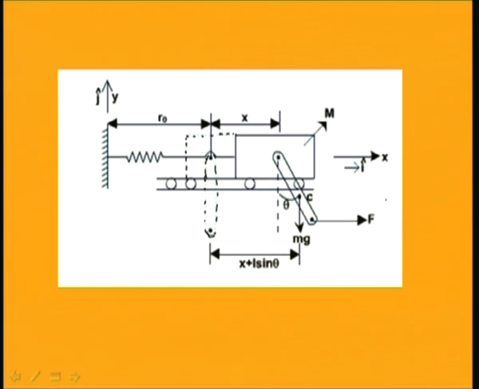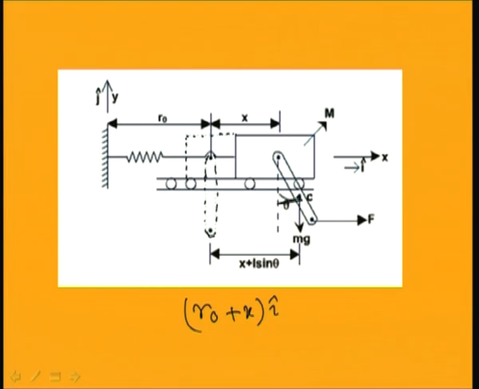First I should write the position vector of all these points. The position vector of this point is equal to r0 plus x i. Similarly the position vector of the center of mass is r0 plus x plus this distance.